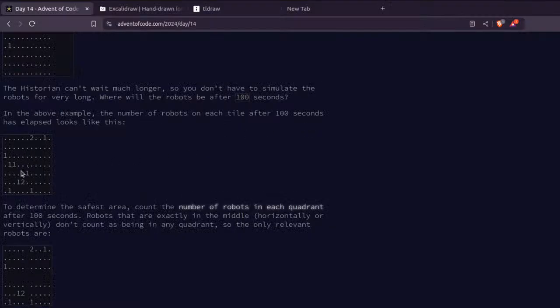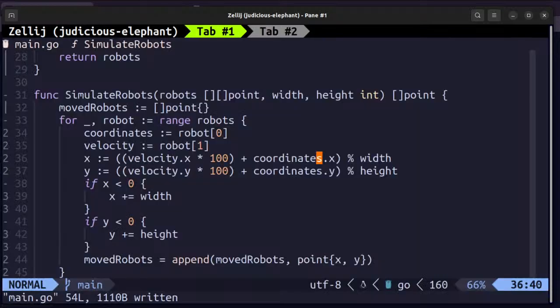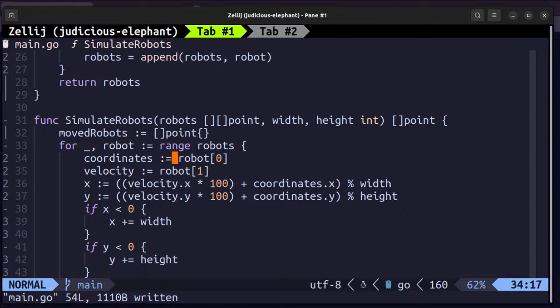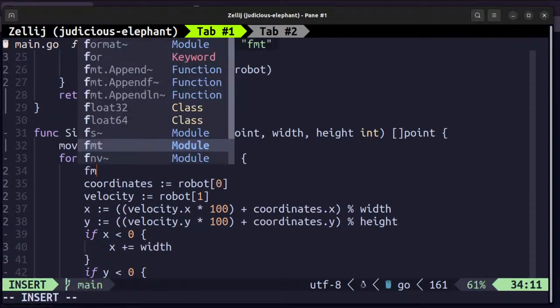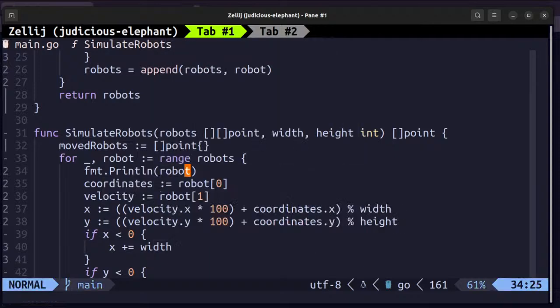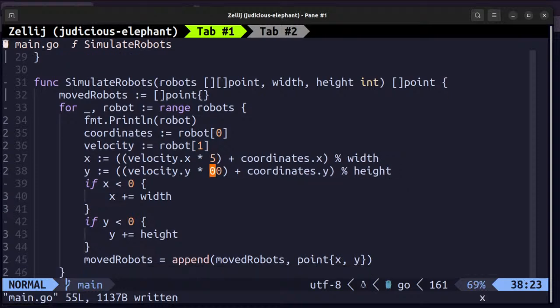So 1 is 4 and 0. That didn't really change anything, did it? I will not do that for 100. Let me first do it for this.